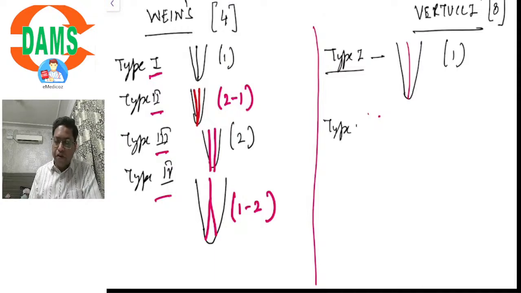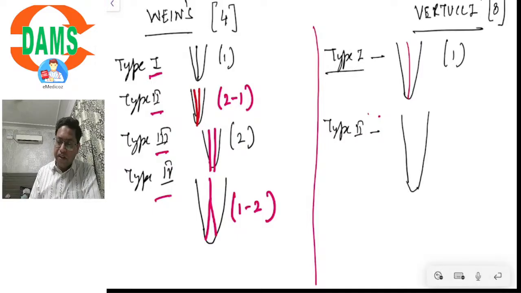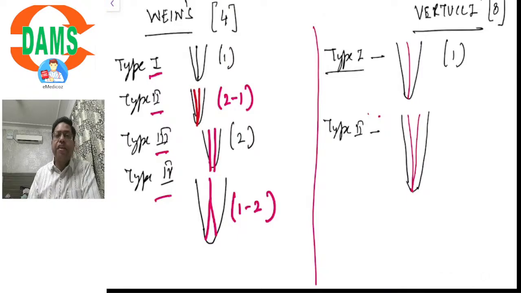Type 2 is a 2-1 canal configuration. There are two canals coronally that unite and exit as one.